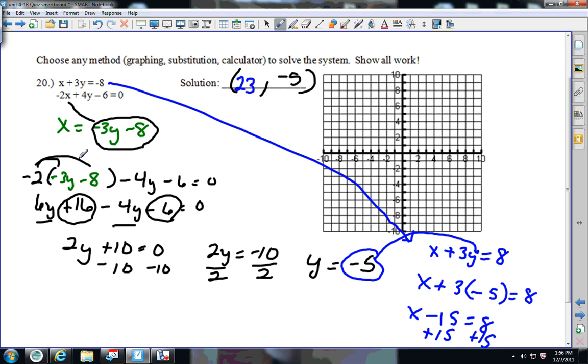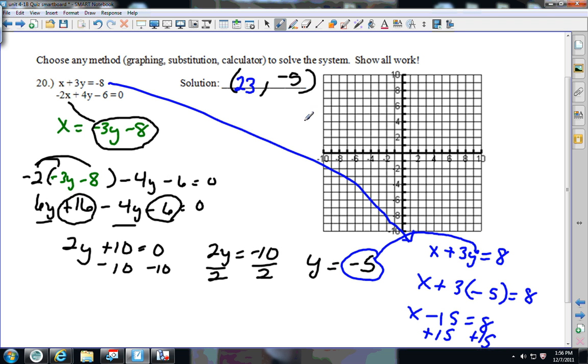Now, wait a minute. Did I do this right? Yeah, because I moved this over there, so that's x equals negative 3y minus 8. That's correct. Put that in there for x. So that gave me positive 6y, positive 16. No, I did not.